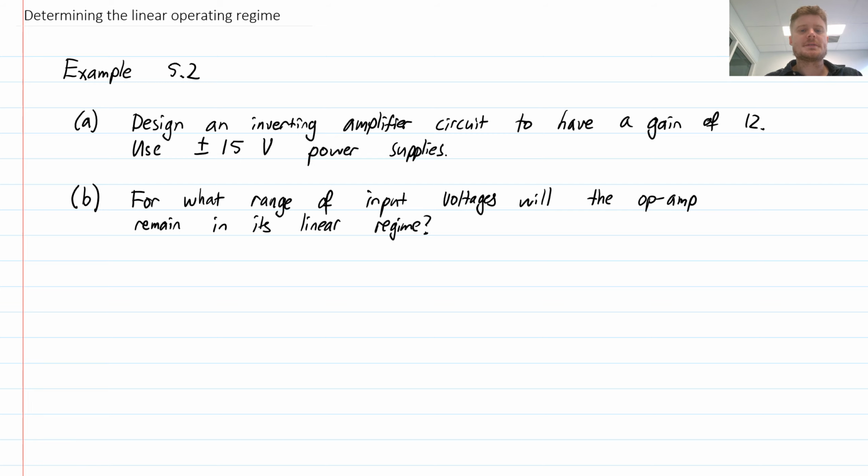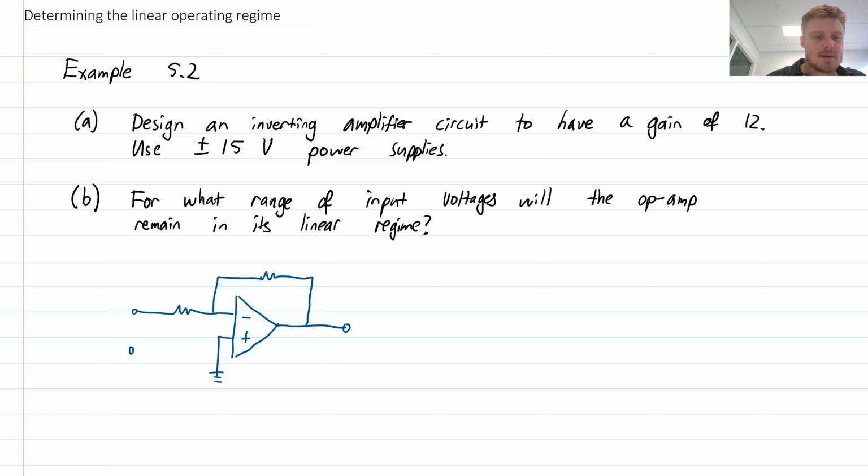This question asks us to design an inverting amplifier circuit to have a gain of 12, and we're told to use plus minus 15 volt power supplies. So the inverting amplifier circuit, the one that we studied in the previous video, has two resistors, and they are connected as follows.